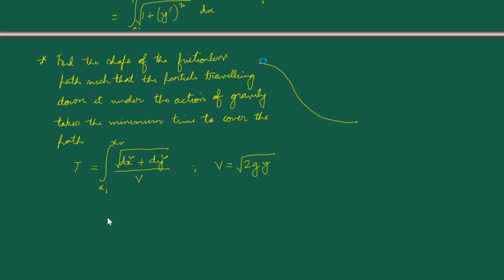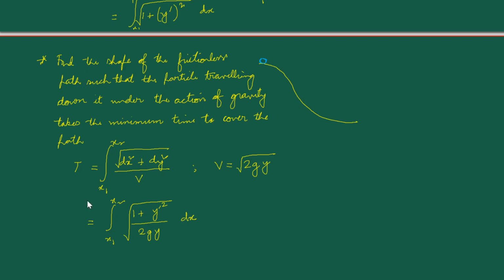So if we replace this here, you'll see that this can again be written with y dash square, as gy. This entire thing is under a square root, and this thing here is a dx.